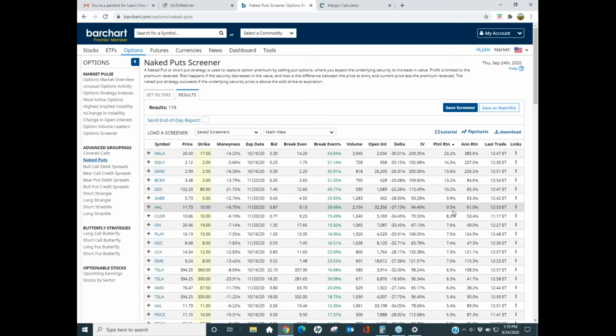One of the rules, a generality that I'm going to use when I make the determination of will I take this trade or not take this trade, is I'm going to look at my potential return on a 30-day basis, and I want to make sure that I get at least, and this would be, for me, a deal breaker, I want to see a potential return of between 1 to 2% for every 30 days of commitment.